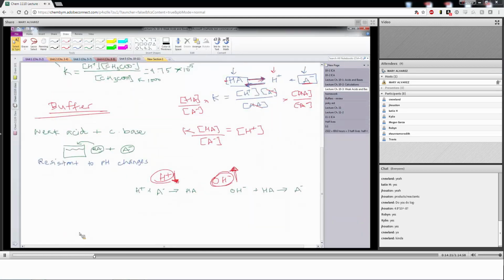This is probably one of the points where this is going to intersect really well with your physiology and nursing classes, because the blood operates in a buffer system with several different buffer molecules.